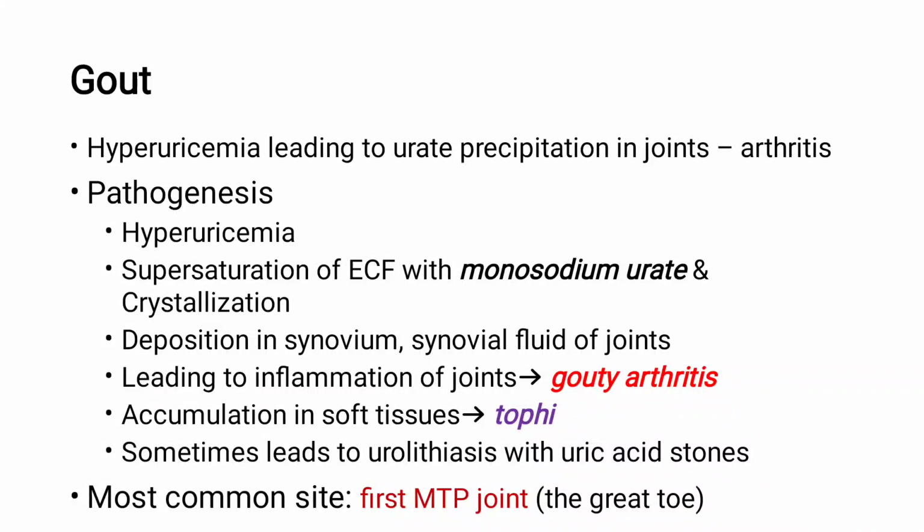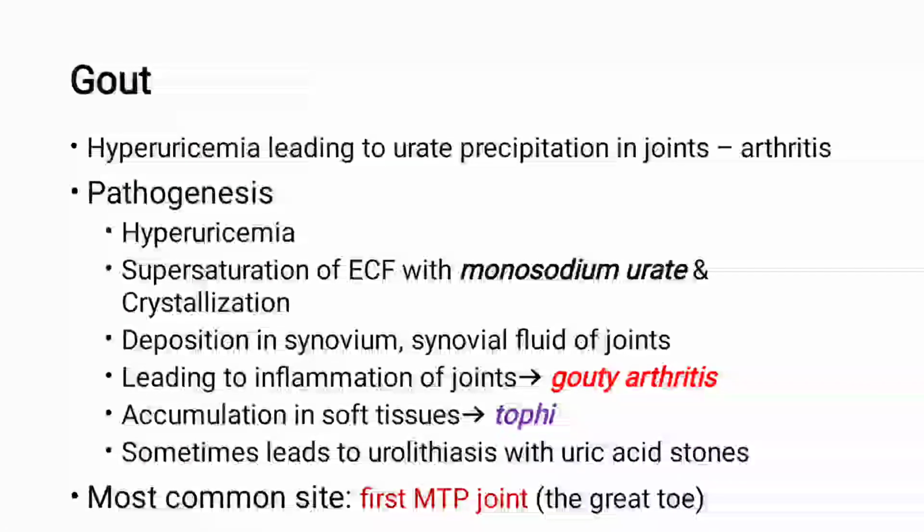Usually the uric acid is sparingly soluble in the plasma. When the uric acid level increases beyond a certain level, then the extra uric acid combines with sodium to become a monosodium urate salt, and this monosodium urate crystallizes. That means they precipitate and make crystals.